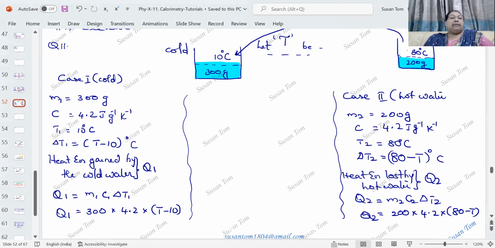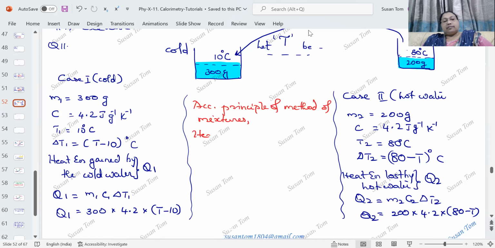Now, you will combine them with the assumption according to principle of method of mixtures. Heat energy gained.